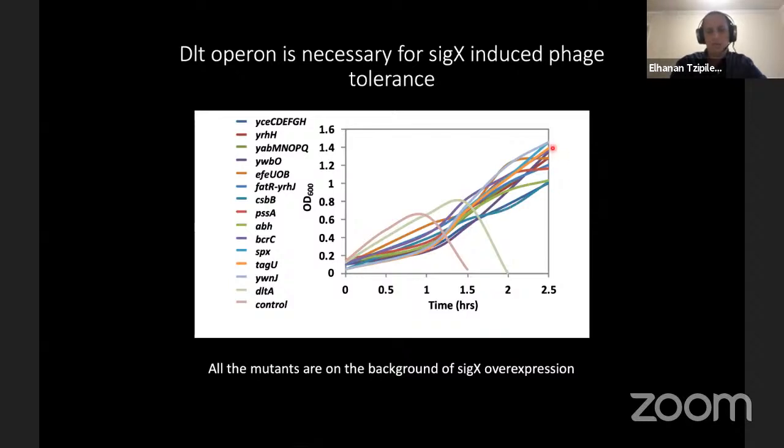And you can see that most of them remain phage tolerant upon phage infection. However, one mutation in dltA, which disrupts a whole operon called the dlt operon, abolished the tolerance phenotype.